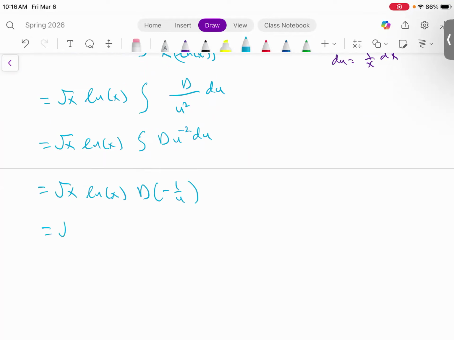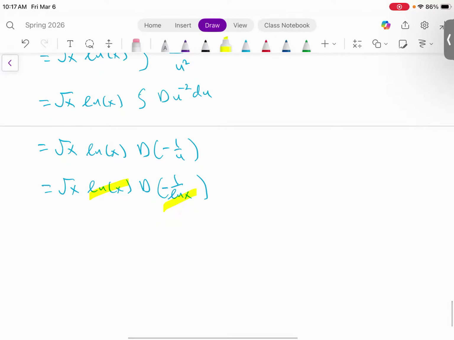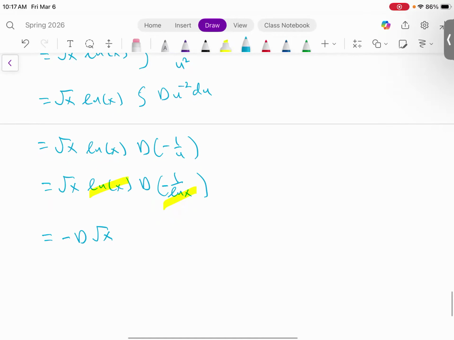And so we plug back in what u is. u is just natural log of x. And this works out quite well. The natural log of x's cancel out. And so what I'm left with is just a negative constant d times square root of x. So that's my y2.